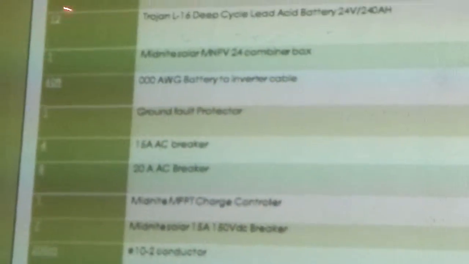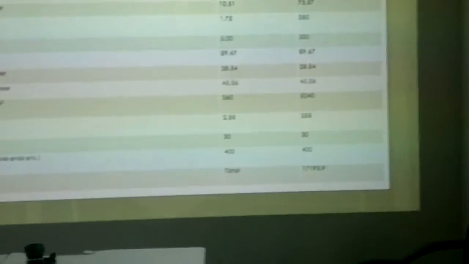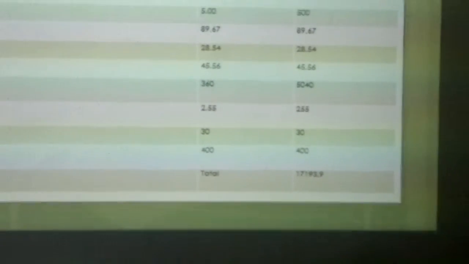As you can see, the 12 deep cycle batteries needed, at a unit price of $335, give us a total of $4,020. Other small equipment, miscellaneous equipment, is needed, and as you can see in this table, all this of price and material is needed to set up the system. All this totals $17,193.90 US.